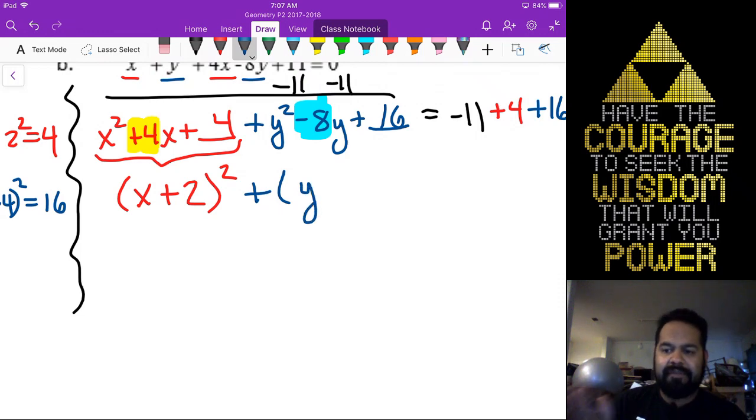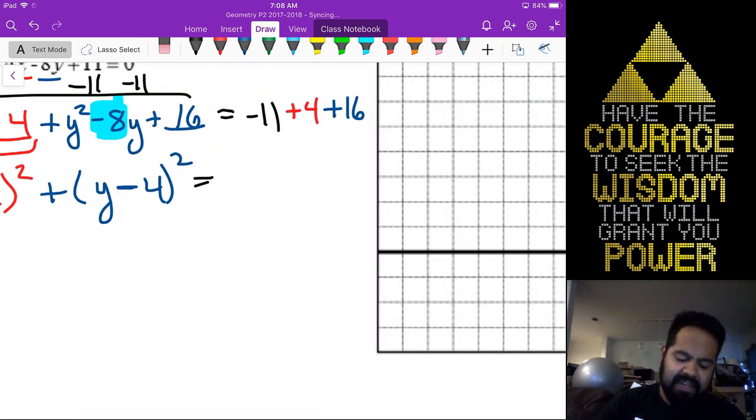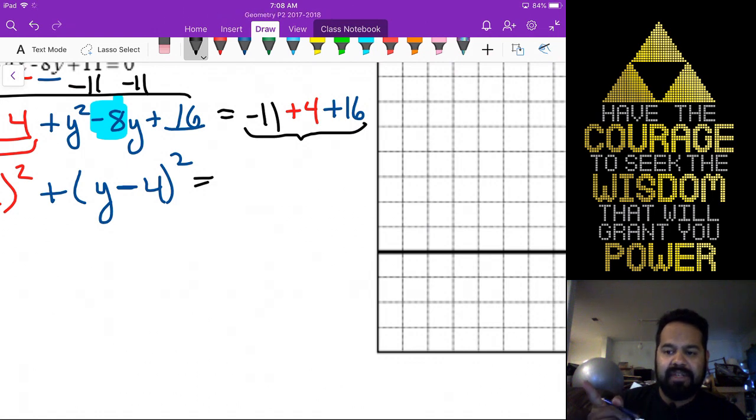Now the sign that's in front of the 8 is a negative, so the middle sign will also be a negative. And then half of 8 is 4. And that's going to equal -11 plus 4 plus 16, which should give you 9.